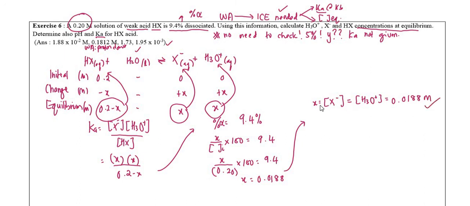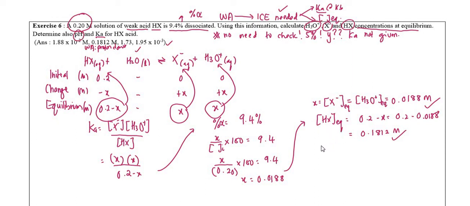Accepted, because you have combined them here. I accept that. Now to find the concentration of HX at equilibrium, 0.2 minus X equals 0.2 minus 0.0188 equals 0.1812 molar.